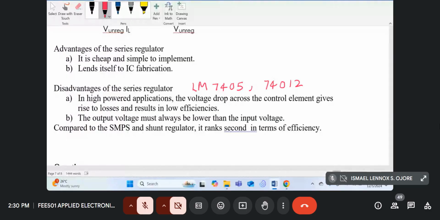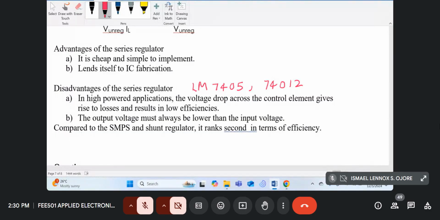So the 7805 will be a 5 volt regulator in the form of an IC chip. 78012 will be a 12 volt regulator. So when you want a very cheap regulator, instead of building it out of transistors, you just buy these chips.